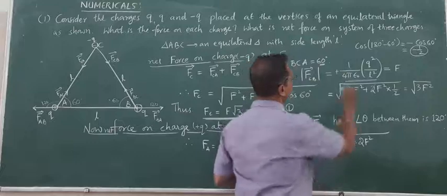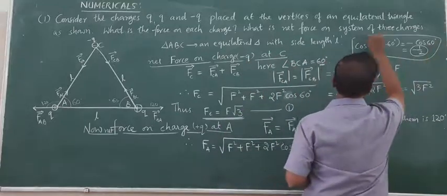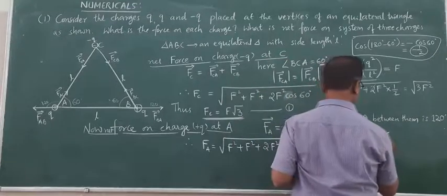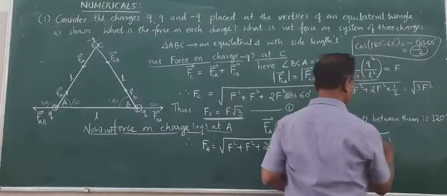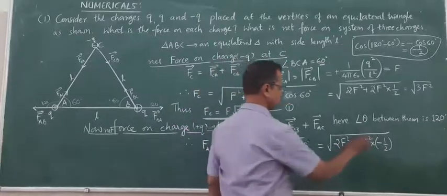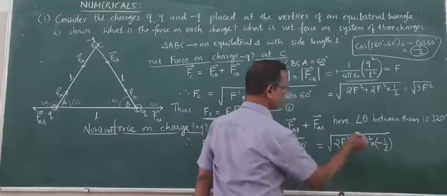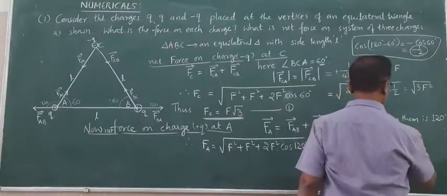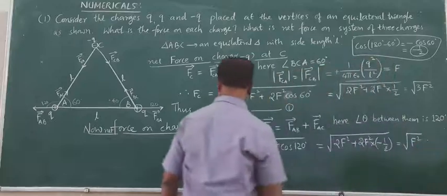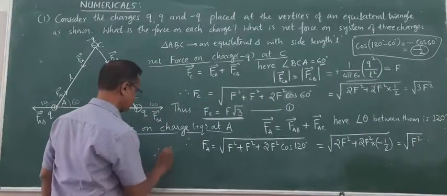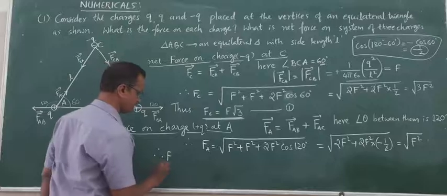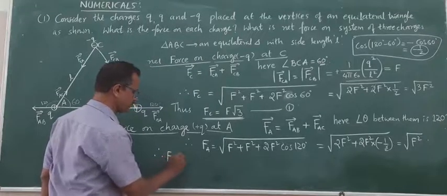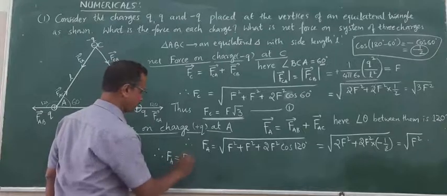Right? This value I am going to write. So 2 cancels. 2F square minus F square. So it becomes square root of F square. Therefore, interestingly, the magnitude of FA is equal to F itself.